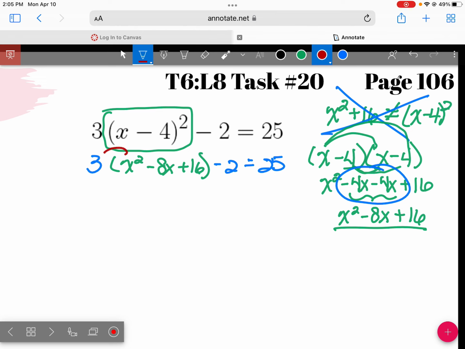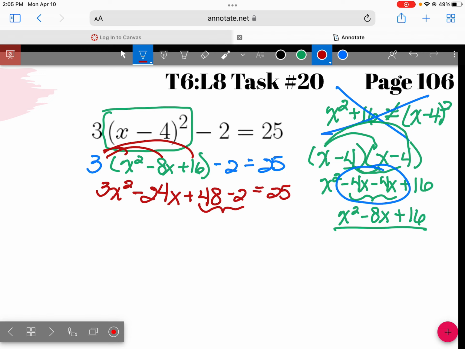I would distribute and say, with each of these, 3x squared minus 24x plus 48 minus 2 equals 25. Here I can combine my 48 minus 2, get 3x squared minus 24x plus 46 equals 25.